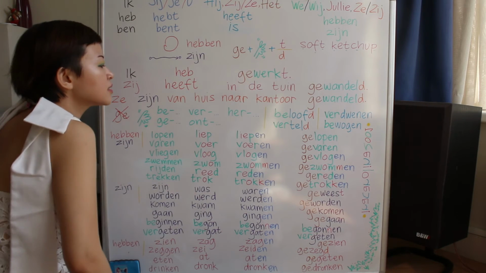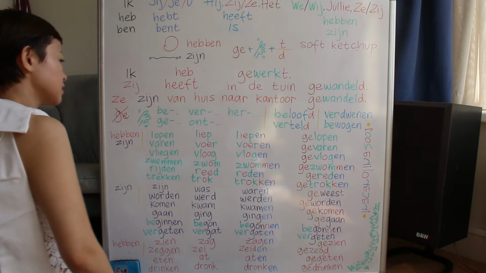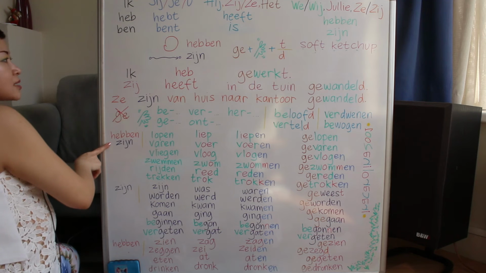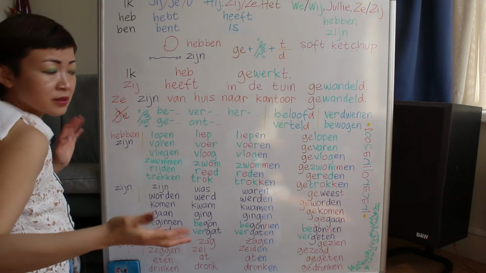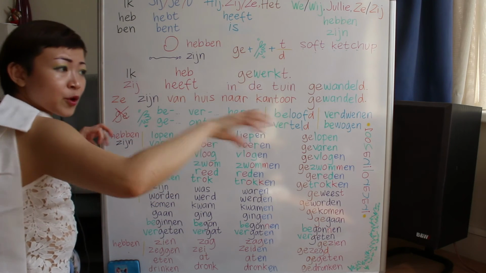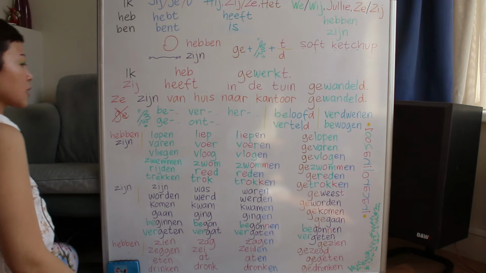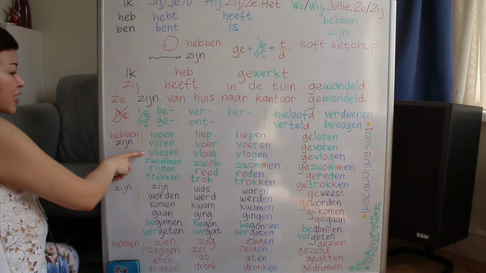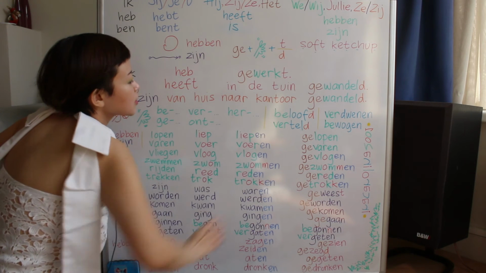We don't use the ge if the verb starts with be, ge, ver, ont, and her. For example, we can see it here. Beloofd, promised.